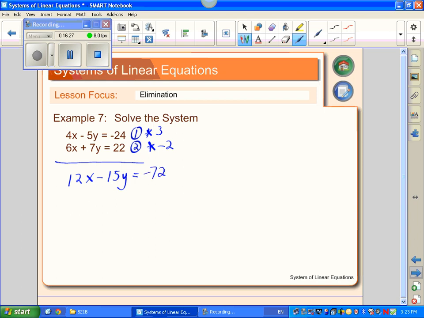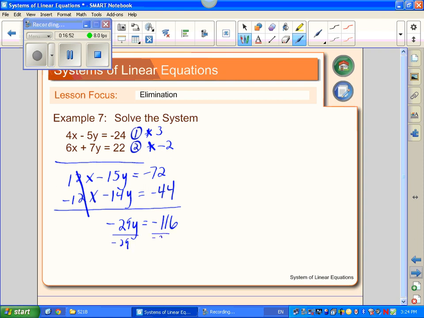And that gives me negative 12x minus 14y is equal to negative 44. So we got some big numbers here. So this gives me a 0, so negative 29y is equal to negative 116. And if I divide both sides by negative 29, y is equal to 4.